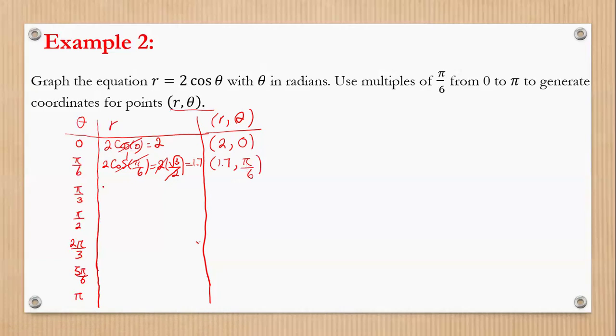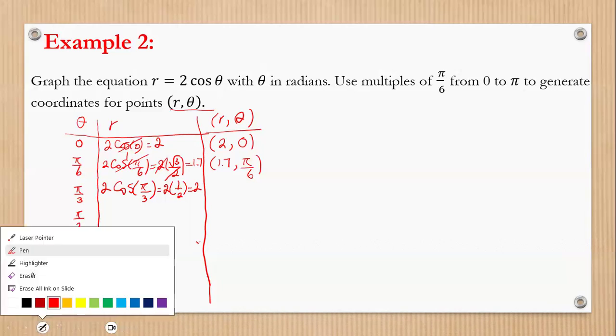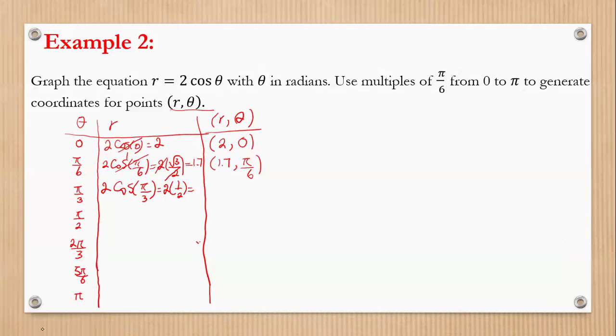Pi over 3, I replace it with pi over 3, 2 cosine of pi over 3. Cosine of pi over 3, or 60 degrees, is 1/2, and 2 times 1/2 is 2 over 2, which is 1.